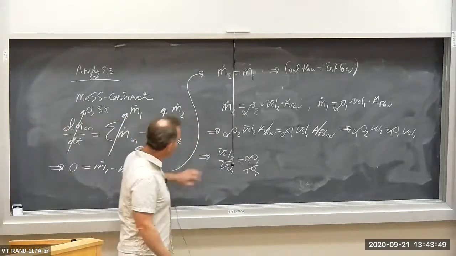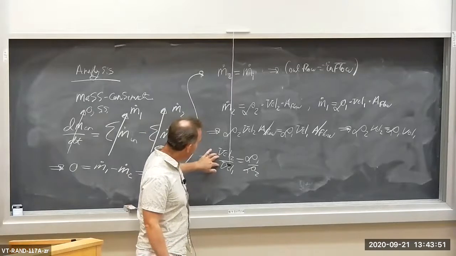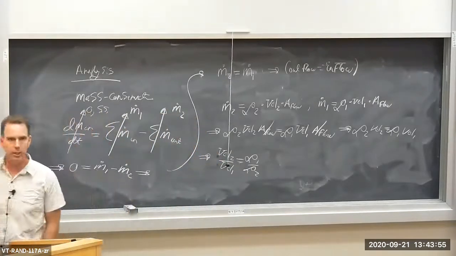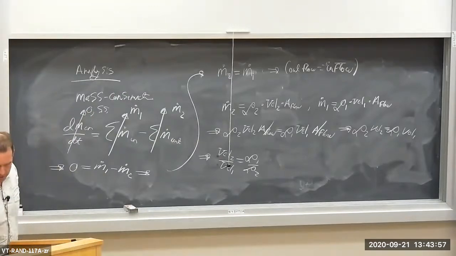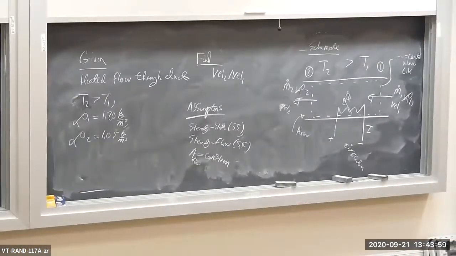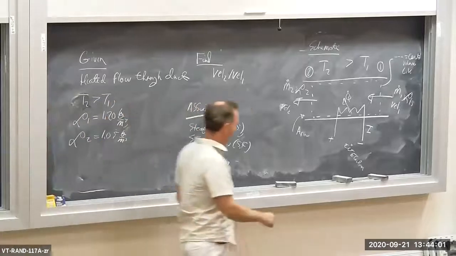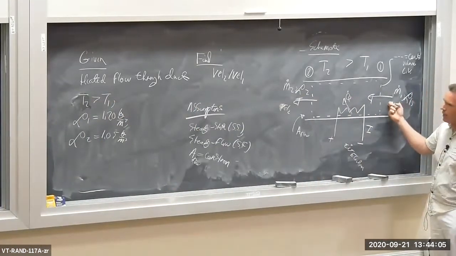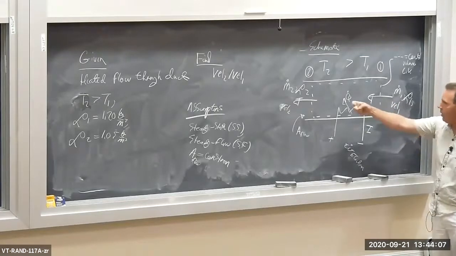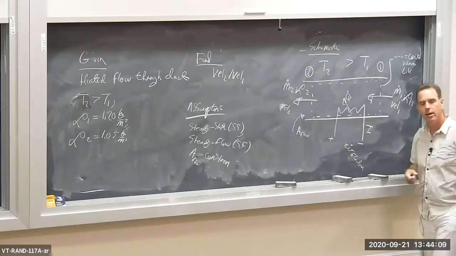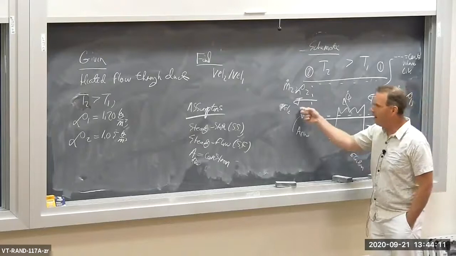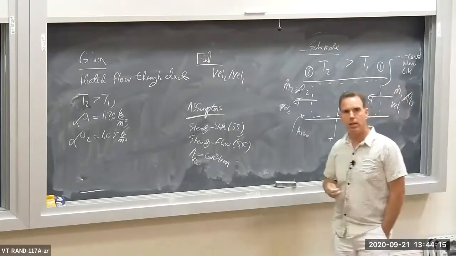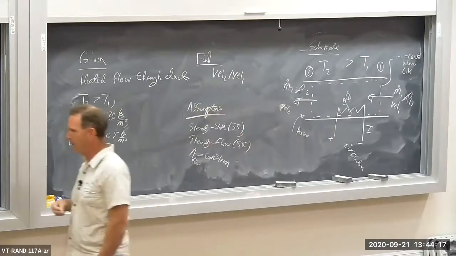So the ratio between the outlet and inlet velocity is equal to the inverse of the ratio of the densities. What that says is my inlet density is highest and the outlet density is lowest. That means my outlet velocity is going to be high and my inlet velocity is going to be lower. Okay?